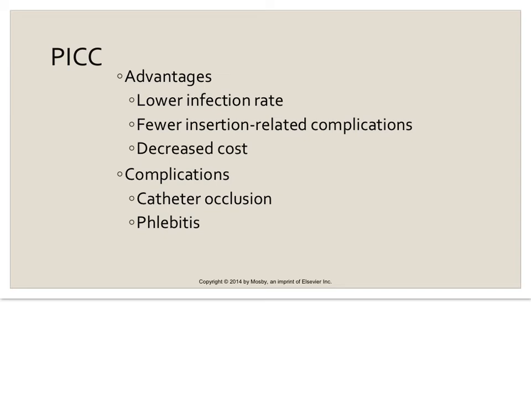These are just some of the advantages and disadvantages or complications of PICC lines. They have lower infection rates. They're not as expensive as tunneled catheters because tunneled catheters are actually surgical procedures. If these are not flushed properly, they can become occluded, and you can still have phlebitis in a PICC line.